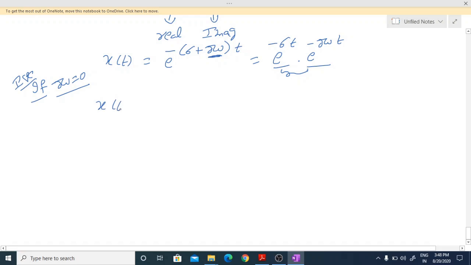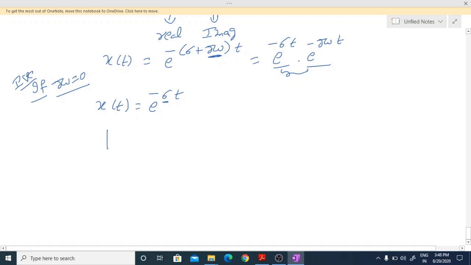X of t equal to e power minus sigma t. Now how many signals can we generate? Depending upon the sigma value, just like our real exponential signal, we can generate three different signals if j omega equal to 0.